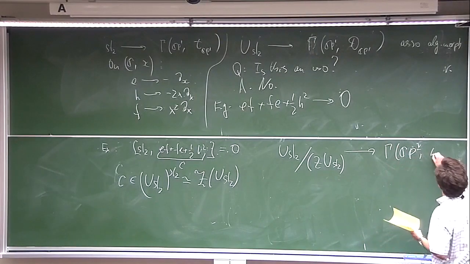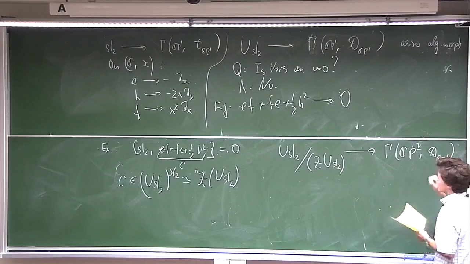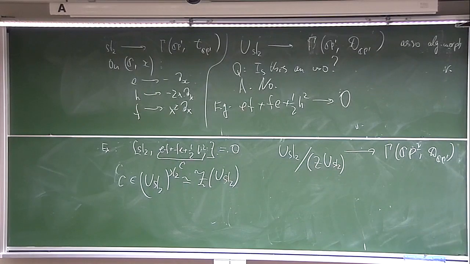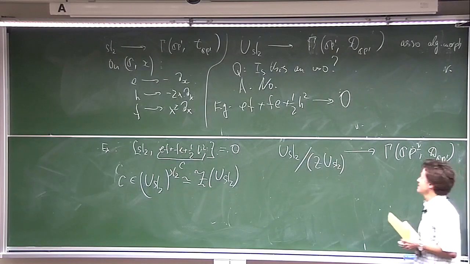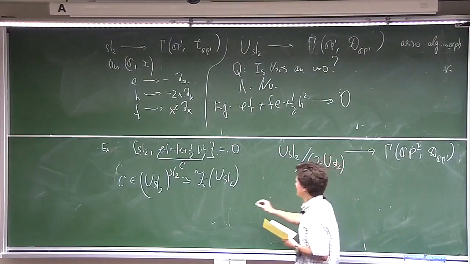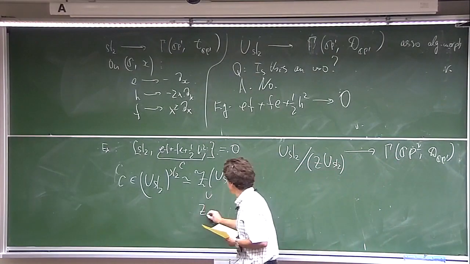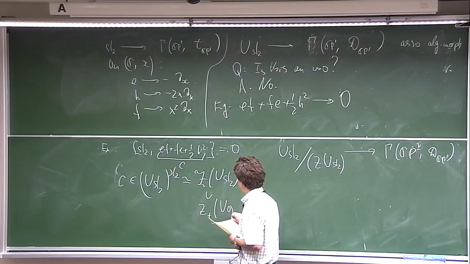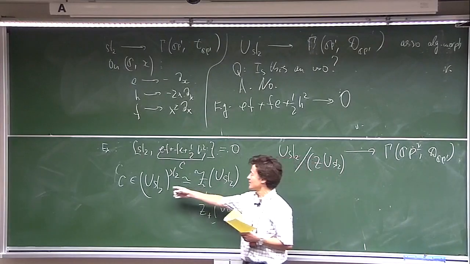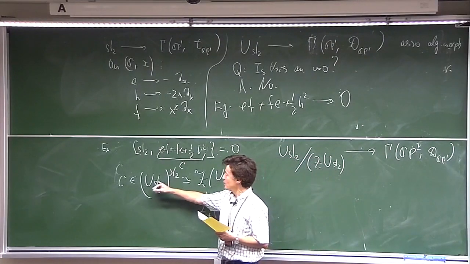The same question remains: is this an isomorphism? Yes, it is. Generally, everything is graded. The thing looks like a polynomial ring.